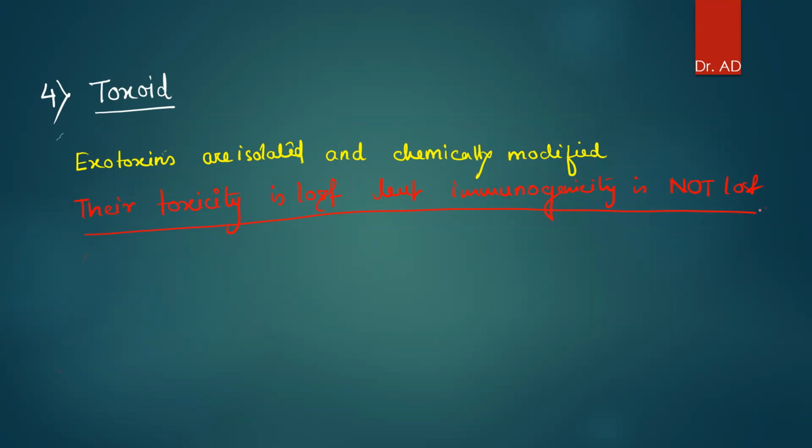So, basically, we can say toxoids are modified toxins that have lost their toxicity, but not immunogenicity. They are either generated by chemical treatment, that means using formaldehyde, or by heat treatment. As I said, they are heat labile.